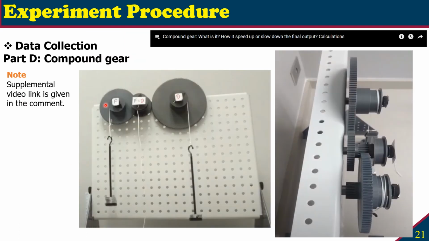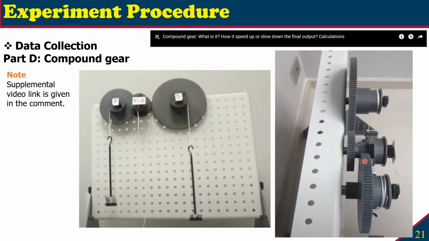So this is the gear arrangement for the compound gear. There's double gear on the middle shaft, and there's one gear on each shaft. So the first one, if you see the right image, the first gear has one gear in one shaft. The middle gear you see here, it has two gear in one shaft.